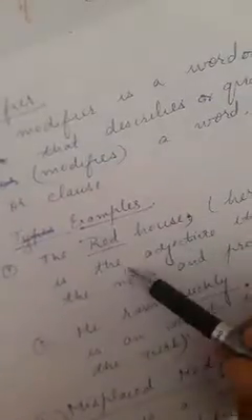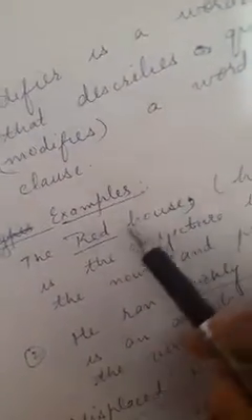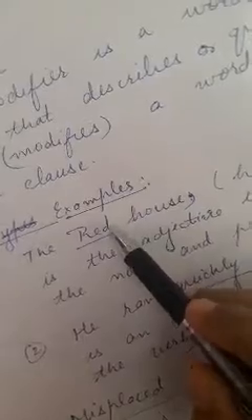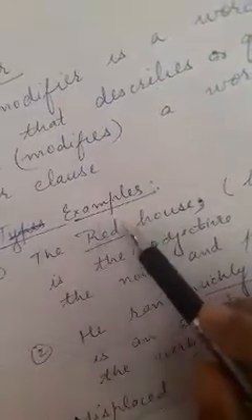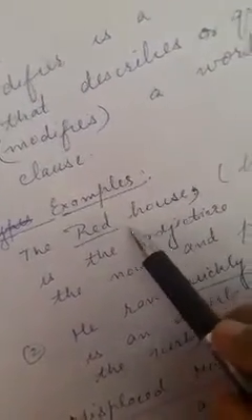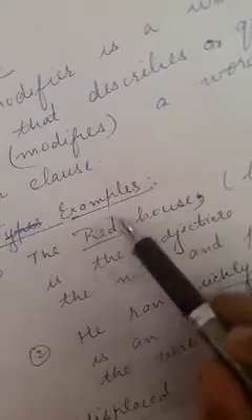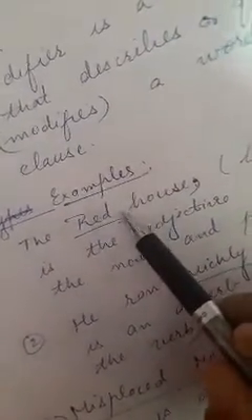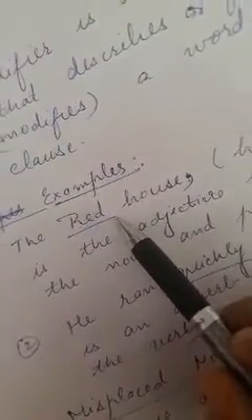Here the modifier is the adjective that modifies the noun. Modifiers can be adverbs, which add more meaning to verbs, or adjectives, etc. Here the modifier is the word red, an adjective for the house, which is describing more about the house. So in this phrase it is playing the role of a modifier.